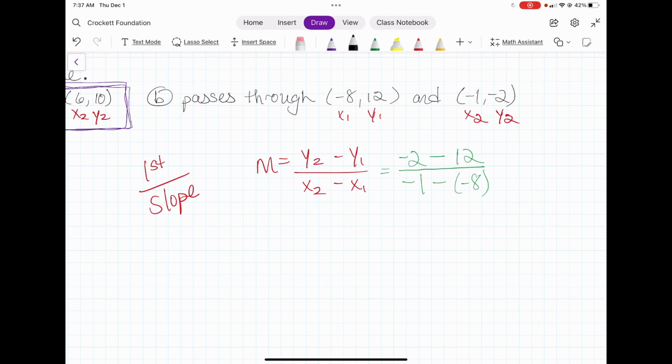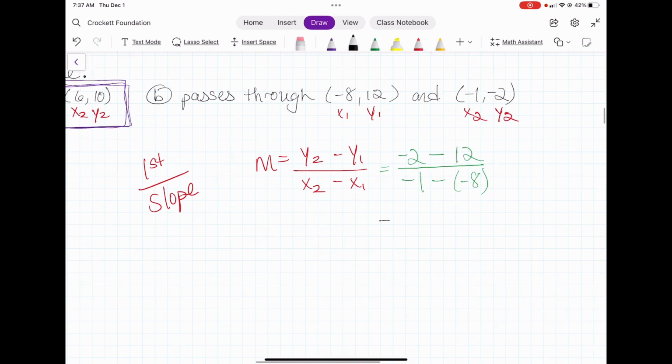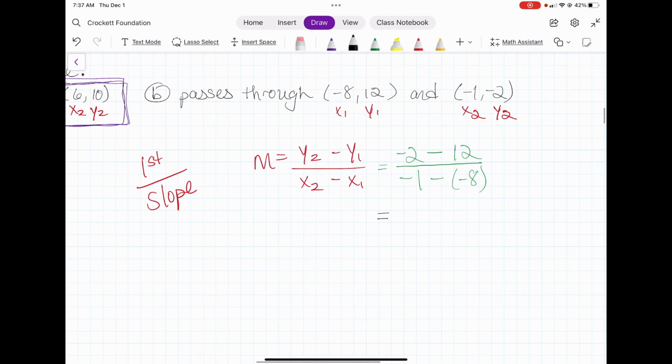Now, getting back to our problem, the numerator, -2 minus -12, that becomes -14. Divided by, now in the denominator, once again, we have those double negatives, so we need to rewrite that. That would become -1 plus 8. That would make -14 divided by 7.